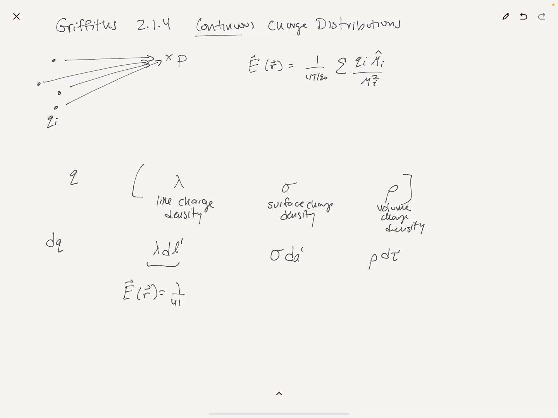That's 1 over 4 pi epsilon naught times the integral of my charge density located at some position r prime over r squared, still in the r hat direction, multiplied by dl prime. So my integral is going to be over my prime coordinates, or the locations where my charges are at. That's for the line. There are analogous versions for the surface and the volume.